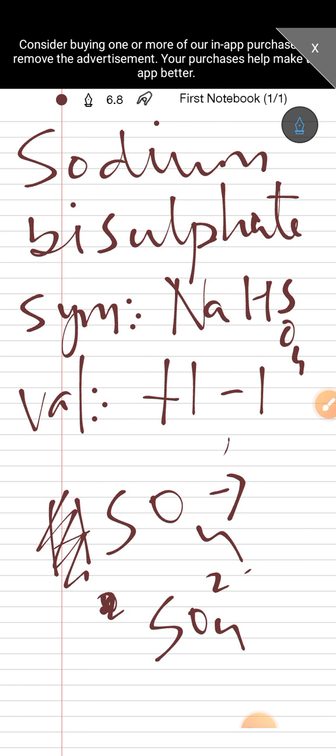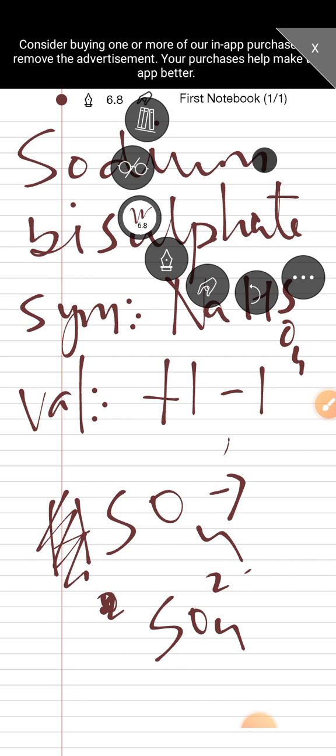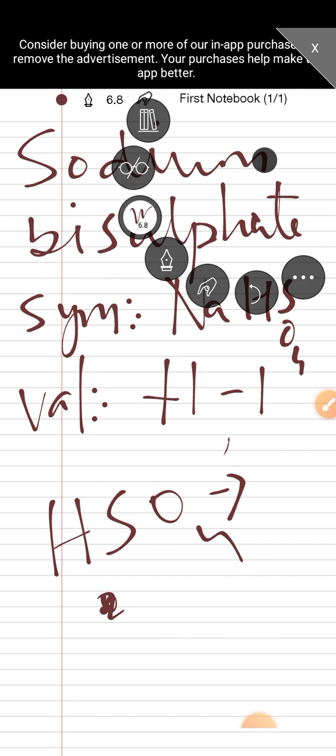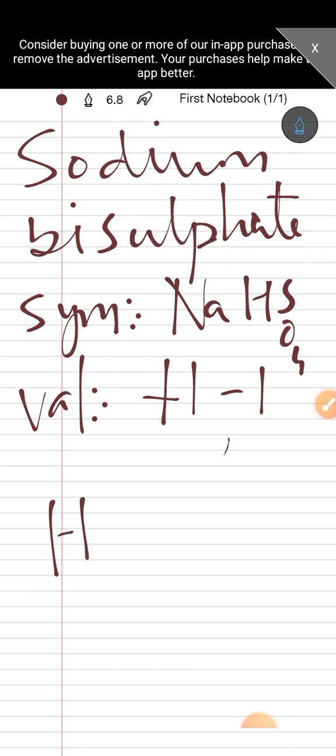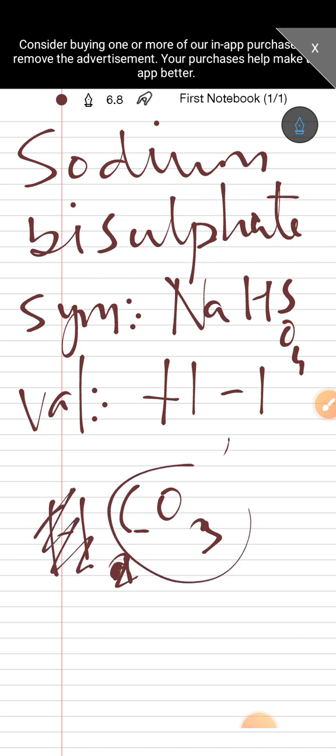Just like that, even if we write for carbonate, the previous example, we have H2CO3, carbonic acid, right? Now, if I remove one hydrogen, it will be HCO3, bicarbonate. If I remove this hydrogen also, the polyatomic ion is carbonate.